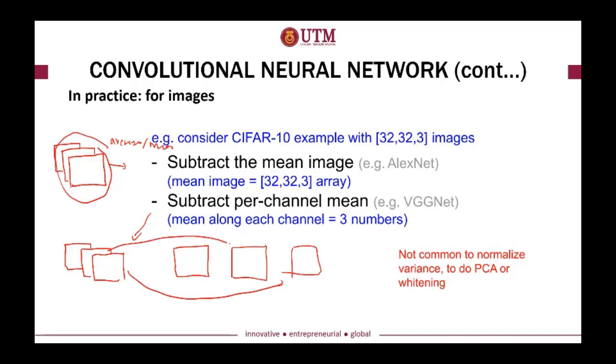This one is this one, and this one is this one. But in order to find the mean normalization, what VGG does is find the average, or mean, of this matrix.